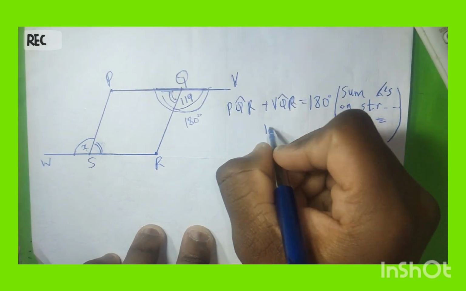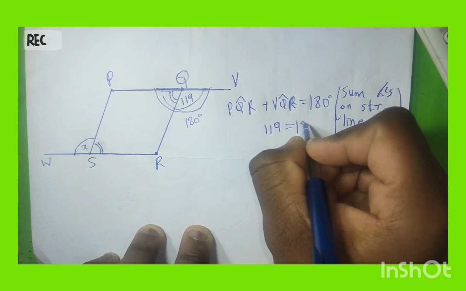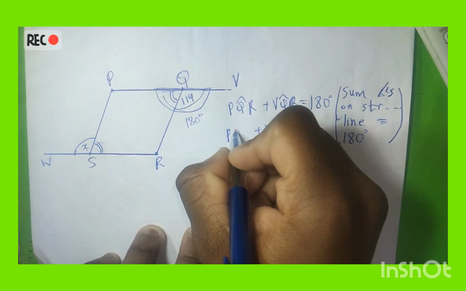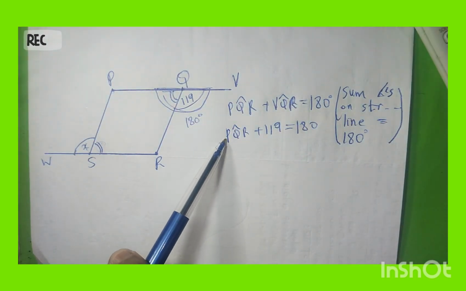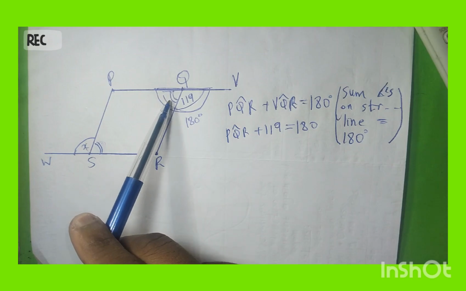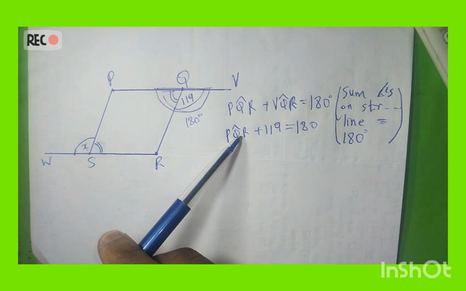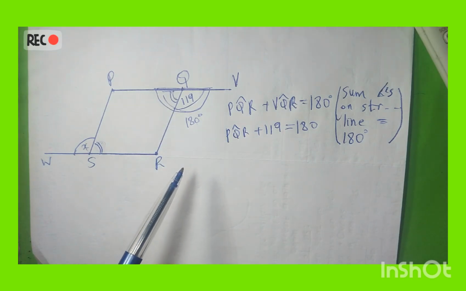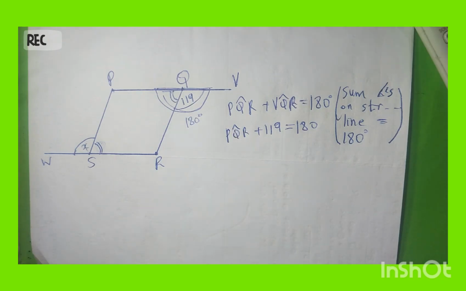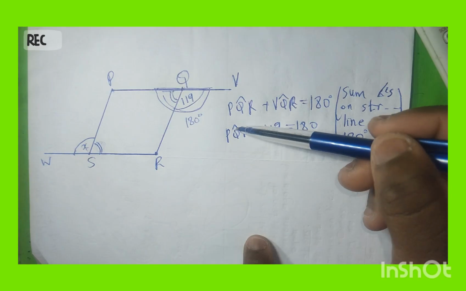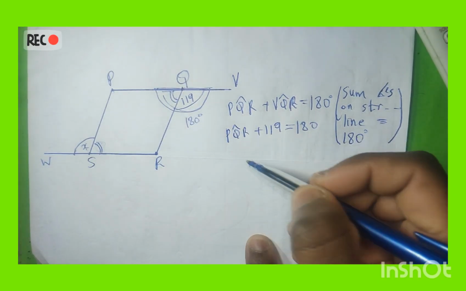I know this one there, that's 119. And this one I don't know. In this case, I should solve for PQR, this angle. To solve for PQR, I will apply algebra, making this thing alone.